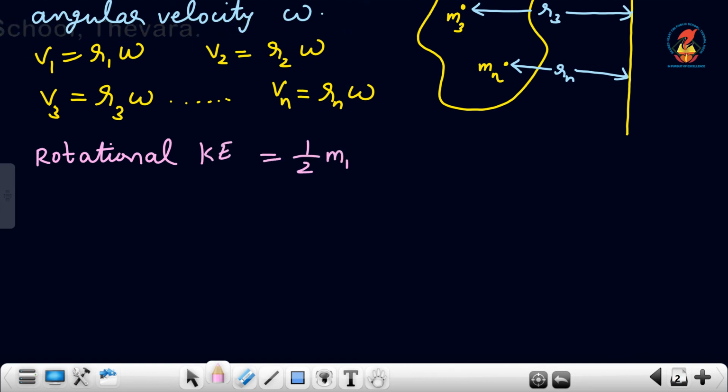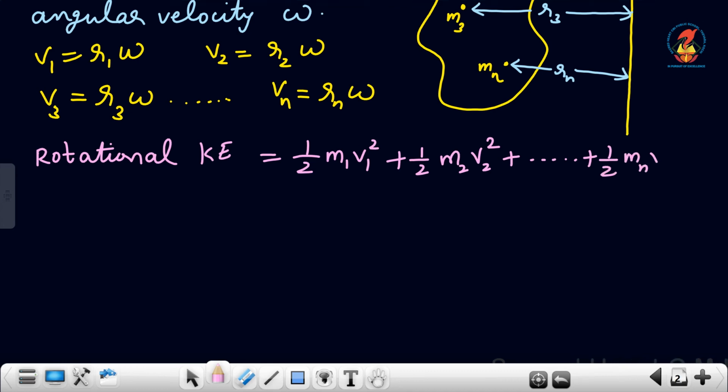Therefore, I can write the rotational kinetic energy as half m1 v1 square plus half m2 v2 square plus etc. plus half mn vn square. So I wrote the kinetic energy for the n number of particles.